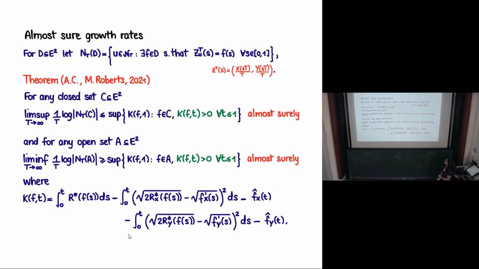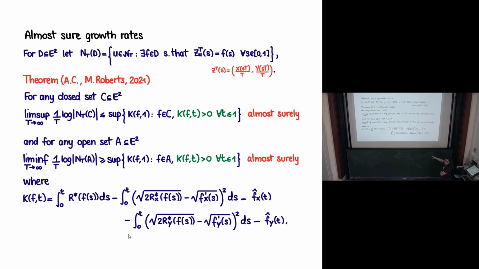Okay. So our main result, as anticipated, is a result on how many particles we have at large times. I will denote by N_t(D) the set of particles in a large generation for which their rescaled path is a function in my set D. So D is a subset of these R2 càdlàg non-decreasing functions.